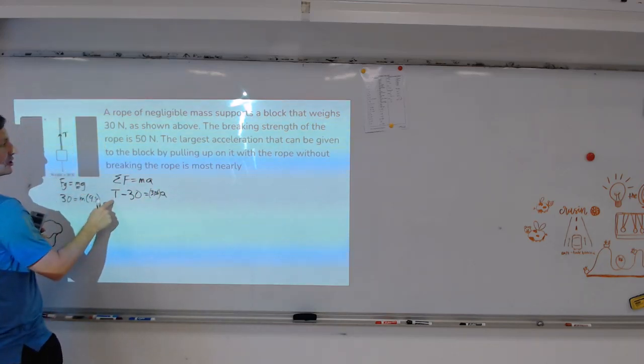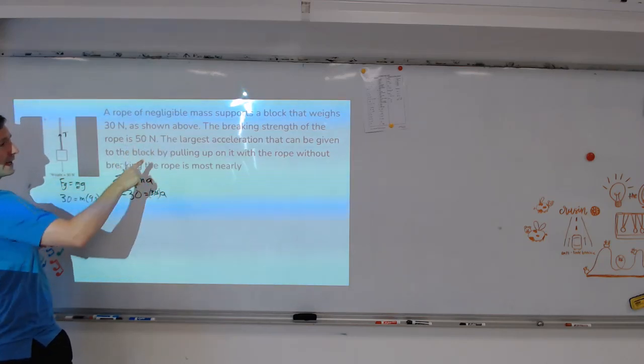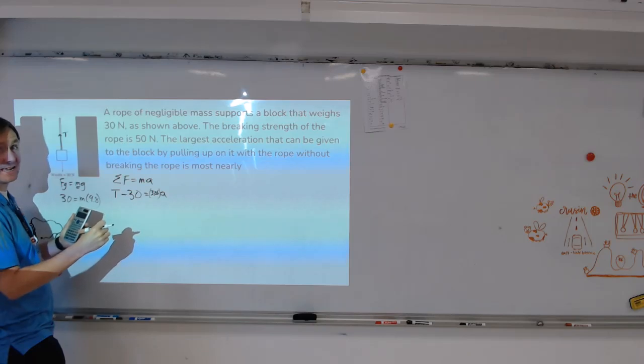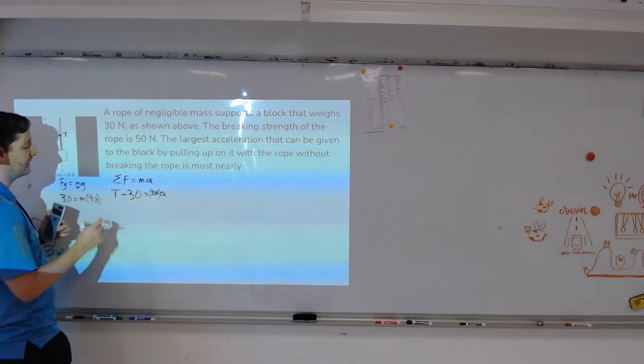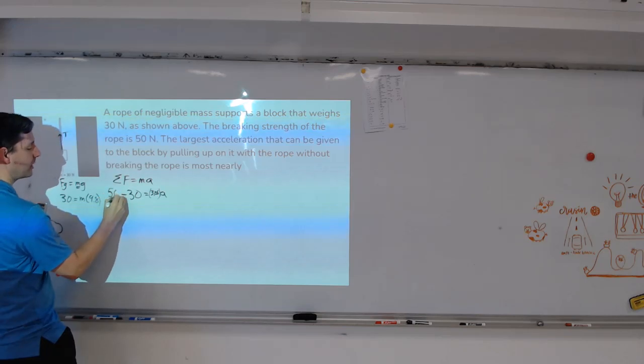The tension is going to be 50 because that is the breaking strength. So I can do up to 50 newtons of tension. Any more tension than that, and the string's going to break. So I'm going to find the limit here by actually putting 50 there.